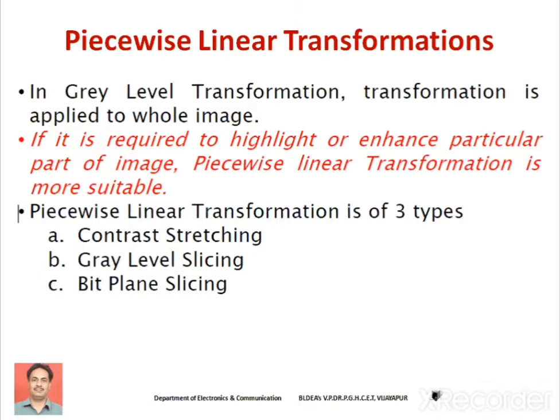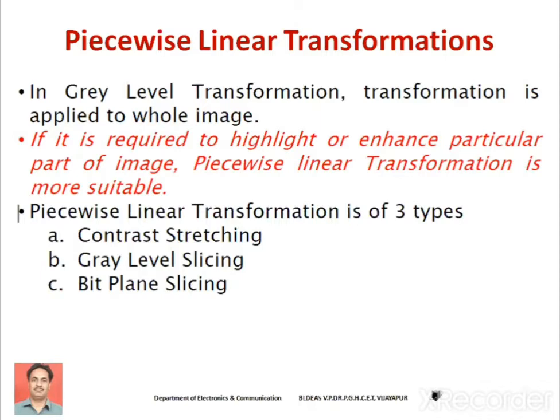As the name itself indicates, these piecewise linear transformations are not applied on the entire image. Instead, they are applied only on part of the image or only on a particular range of pixels. Hence, they are referred to as piecewise linear transformations.